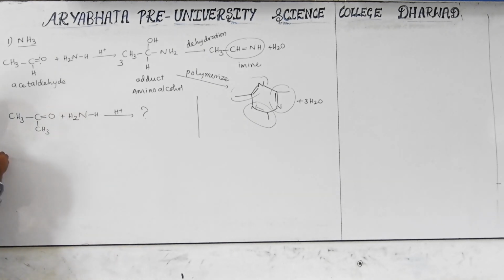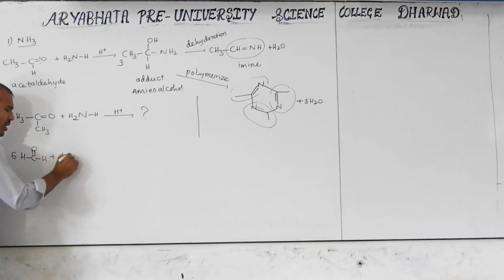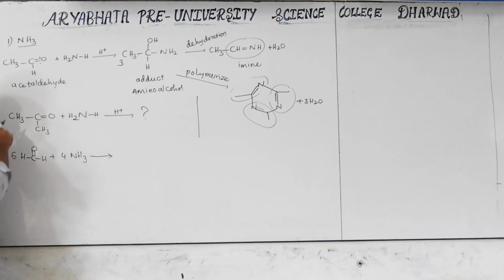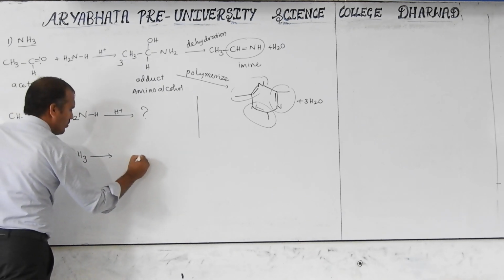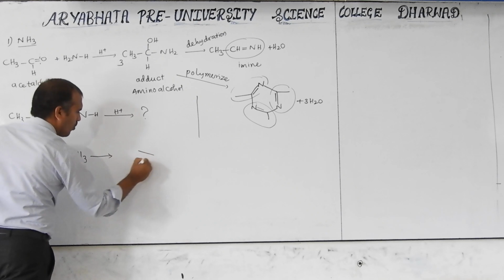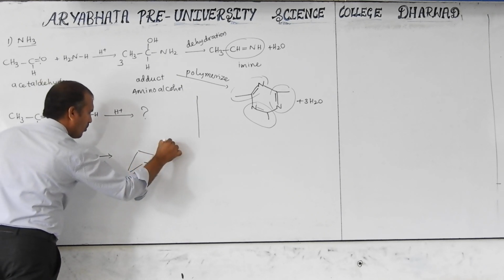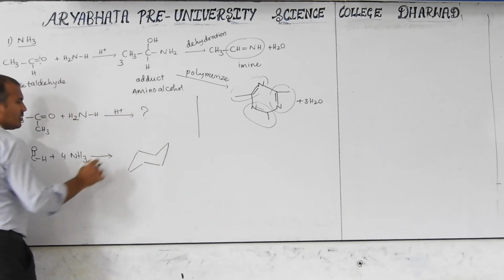Next, one more very important for competitive exams. CET level also sometimes this question is asked. That's why I am writing here. This is formaldehyde, 6 moles, and ammonia, nearly 4 moles. These are combined to form this.